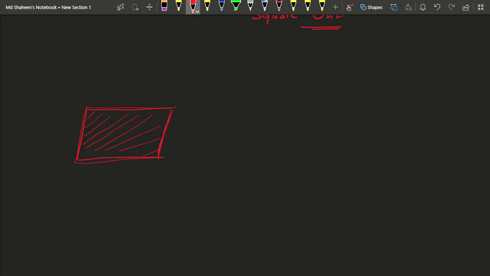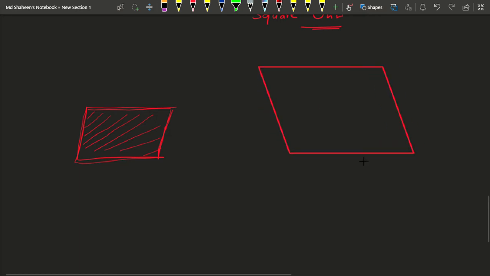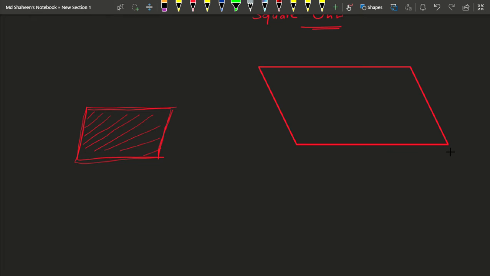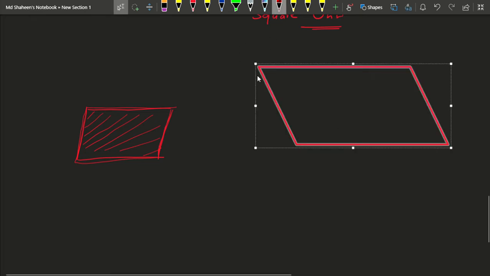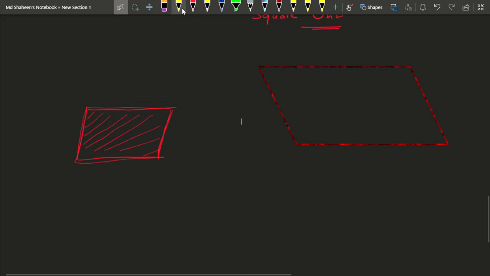For now, let's focus on area. Let's try to find the area of a parallelogram. What is a parallelogram? This is parallelogram ABCD. In a parallelogram, opposite sides are parallel and equal.